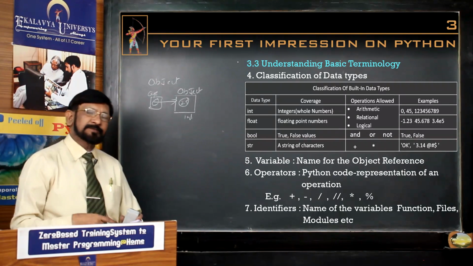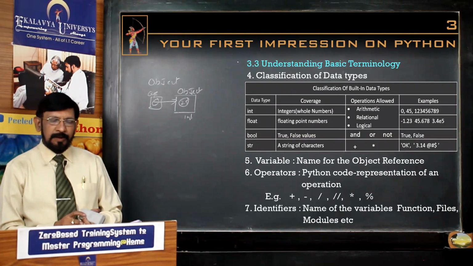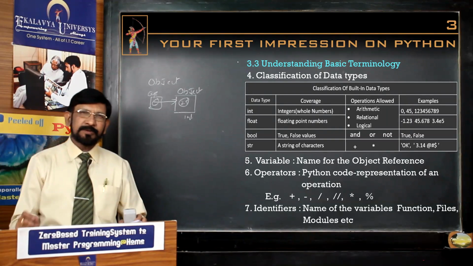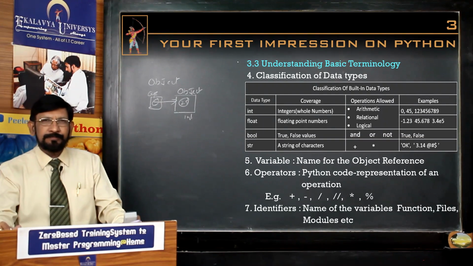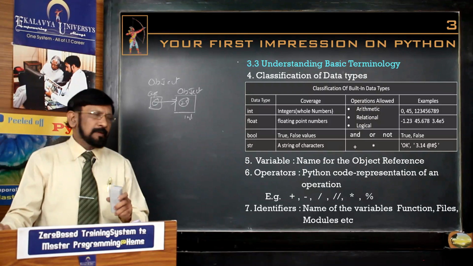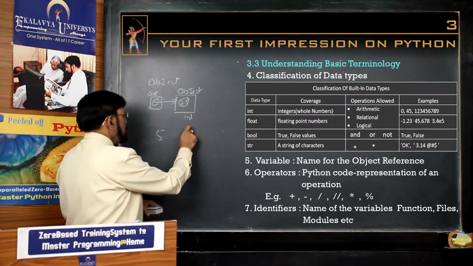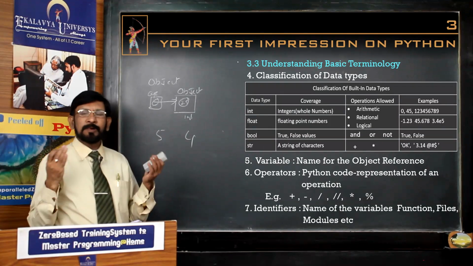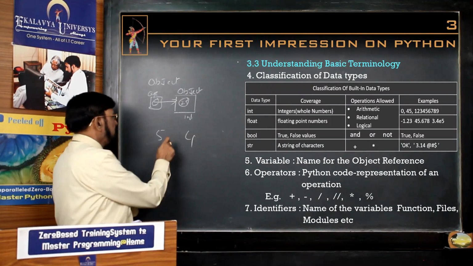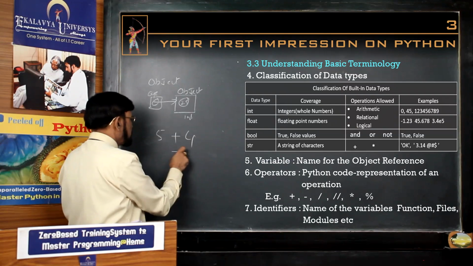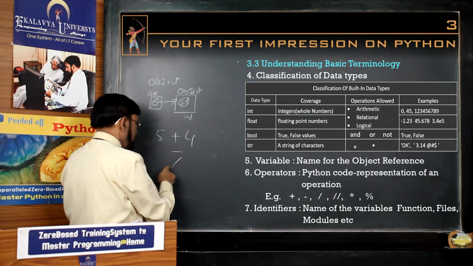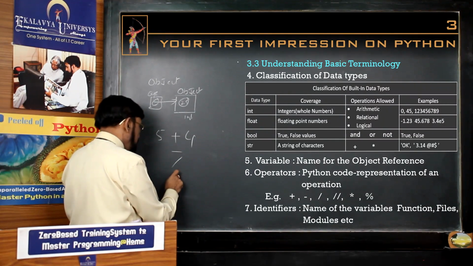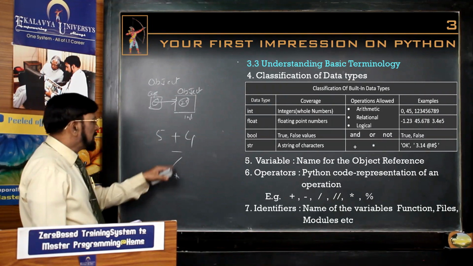Next, operators. Operators are a Python code representation of specific operation. Actually this is data, and on data we perform different types of operations. Now you see, you may perform plus, minus, division, multiplication, etc. These are operators.